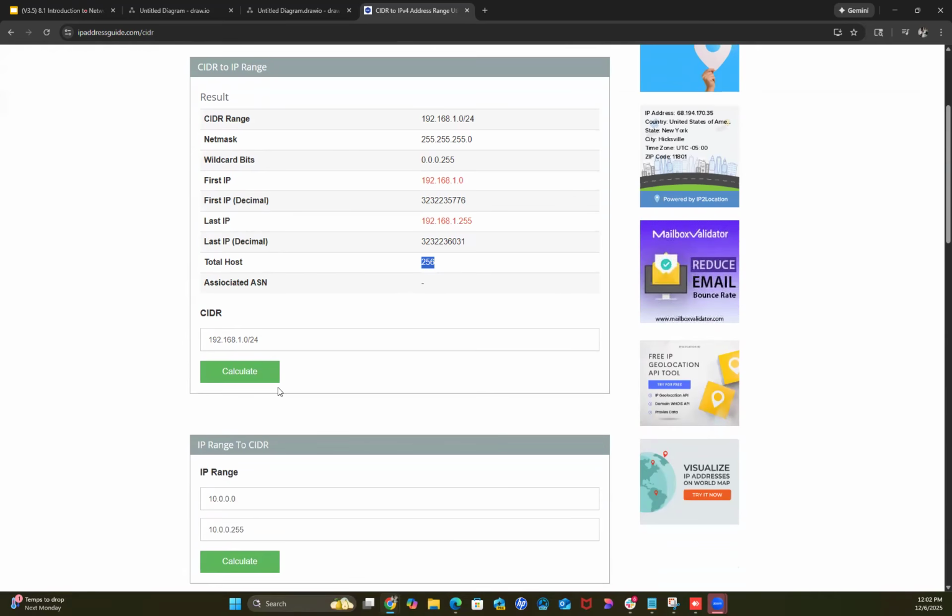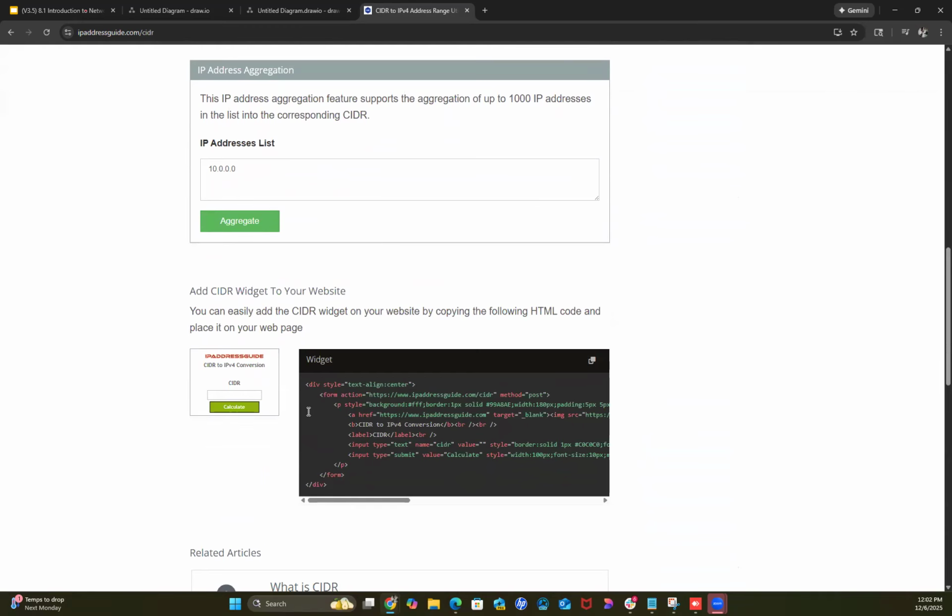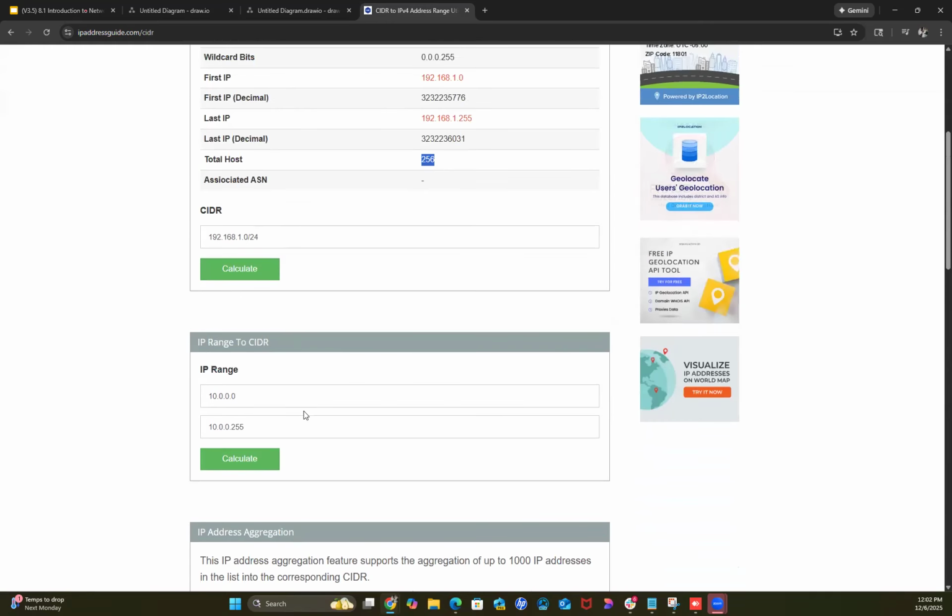So this is the calculation, and there are lots of other things here that you can check.